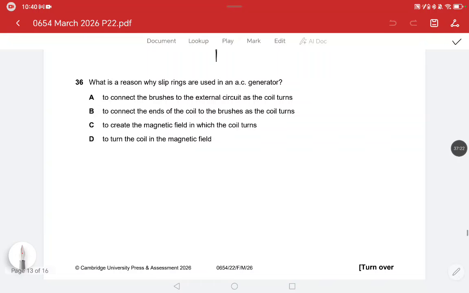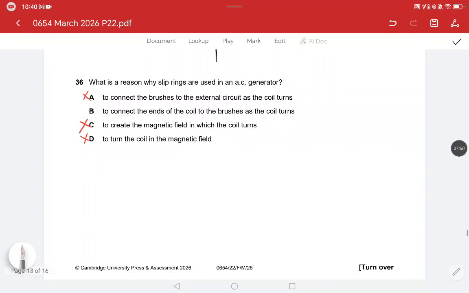This is the second one. Is that what we need? Next one, to create the magnetic field in which the coil turns. It doesn't create any magnetic field. It's not connected to the brushes. To turn the coil. No, it doesn't turn the coil. So even if you don't know the answer, you can now get it: to connect the ends of the coil to the brushes as the coil turns.